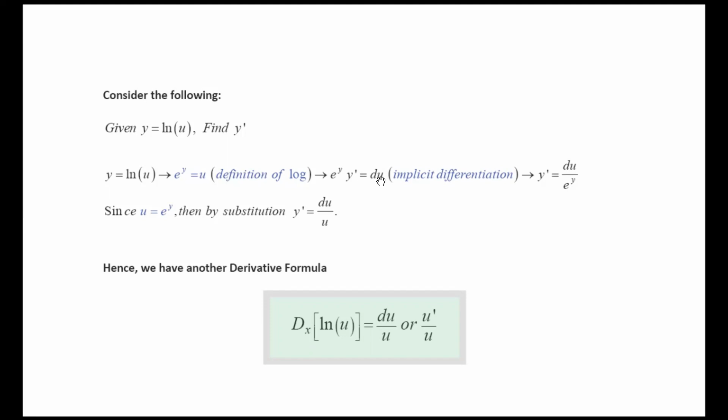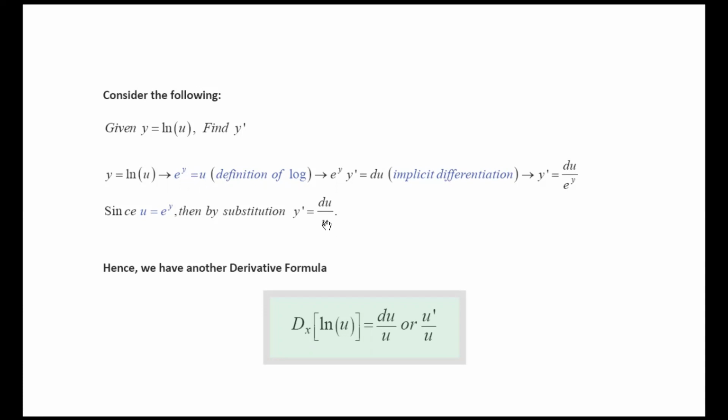Now our goal is to find y prime, so let's solve for y prime, which means divide each side of the equation by e to the y, which we do. But we know that e to the y is u. So we can substitute u in the place of e to the y.